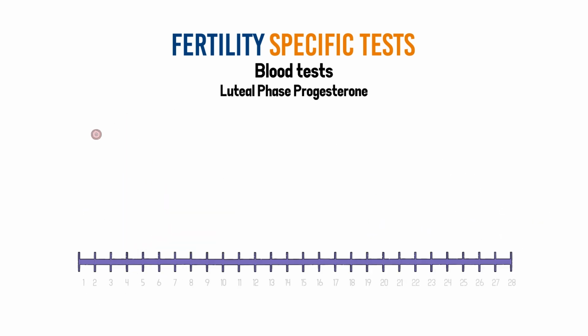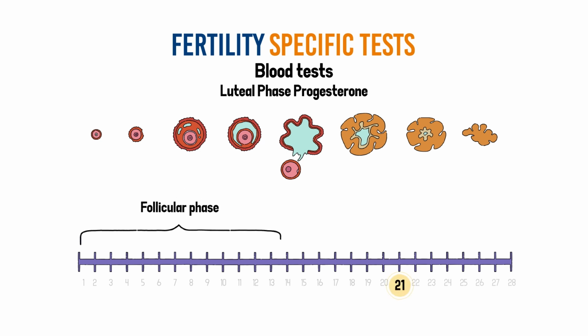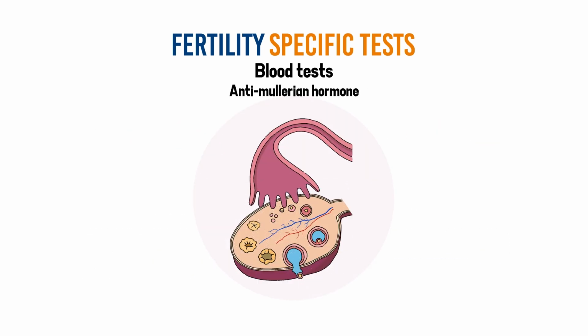Test for luteal phase progesterone. This test is performed on day 21 if a woman has a regular 28-day cycle. If positive, it is usually indicative of ovulation with the formation of the corpus luteum, which produces progesterone. Anti-Mullerian hormone test.